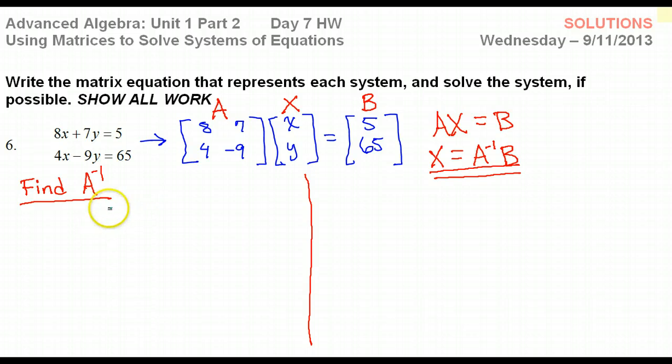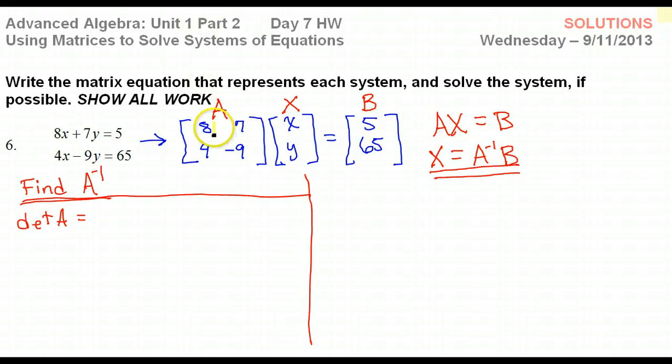Now, finding A inverse itself has two steps. Because in order to make the inverse, we first need the determinant of A. The determinant of A, remember, is the down diagonal minus the up diagonal.